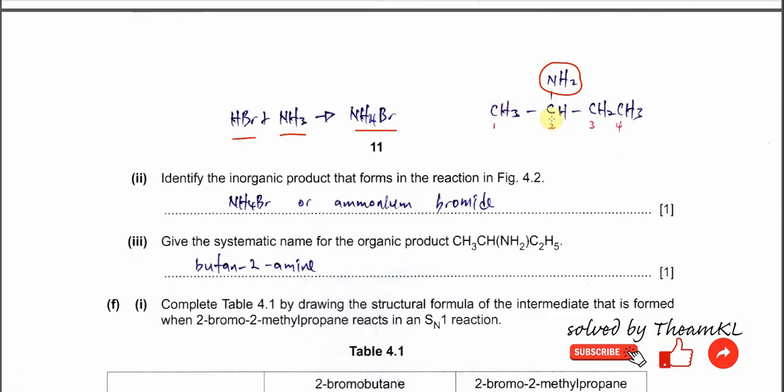So this is going to be the second carbon, not the third carbon. Okay, after that, we can name this compound. When the NH2 is with the hydrocarbon, the functional group we call amine. Because it's 4 carbons, it's butane. Because this NH2 is bonded to the second carbon, that's why it's 2-amine. So it's butan-2-amine.